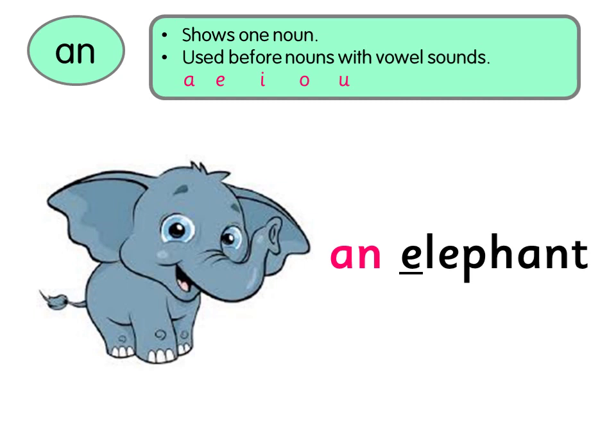Yes, it is an elephant. The first sound for elephant is eh, and there is only one elephant, so we use an elephant. Can you say it? An elephant. Well done.